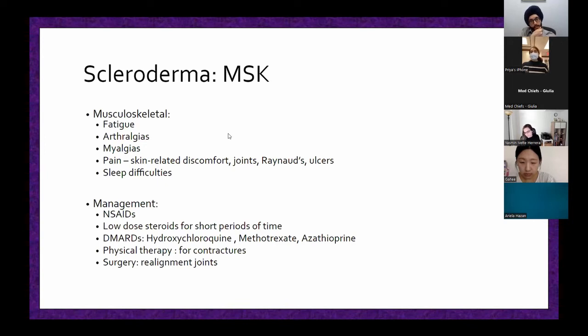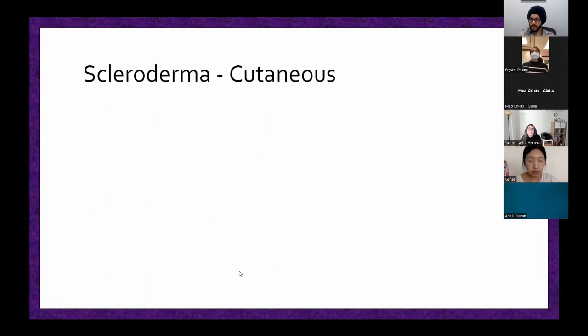We'll talk about that later, that higher doses of steroids can trigger scleroderma renal crisis. DMARDs such as hydroxychloroquine, methotrexate, azathioprine, are typically the three that we use for autoimmune joint arthritis. Physical therapy is key, as well as surgery if there's significant disease burden leading to joint contractures or immobility of the joints.